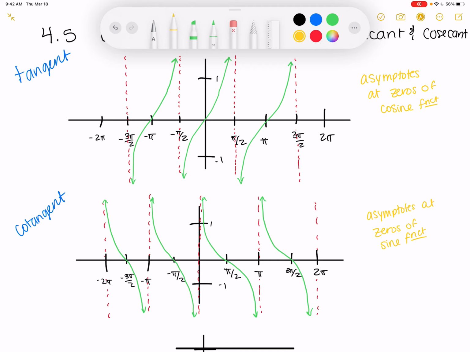But on the flip side, the zeros of the function are at the zeros of sine for tangent, and the zeros for cotangent are at the zeros of cosine.